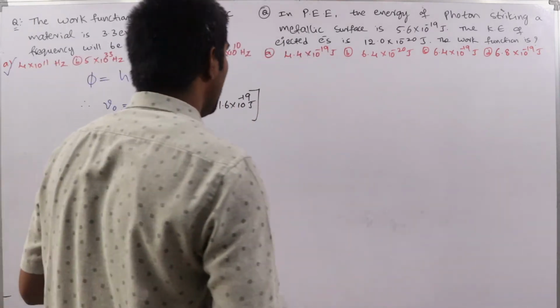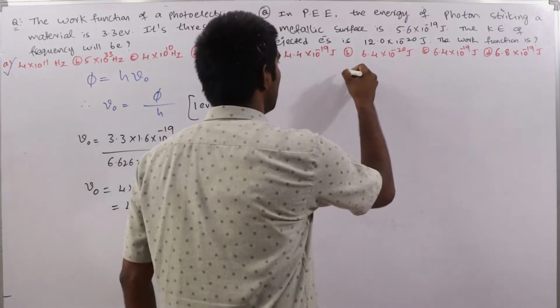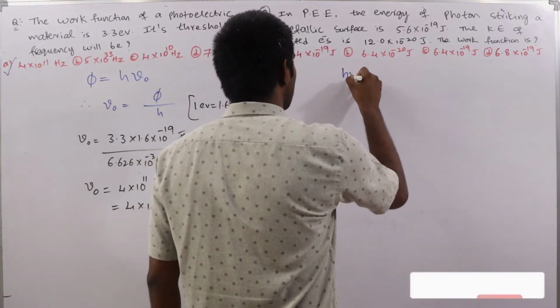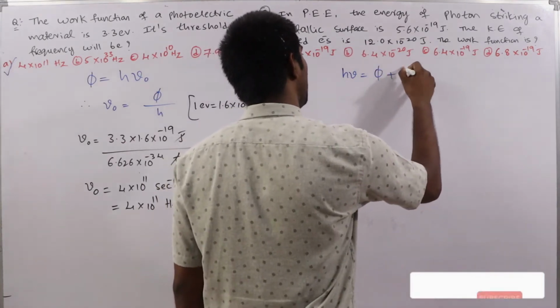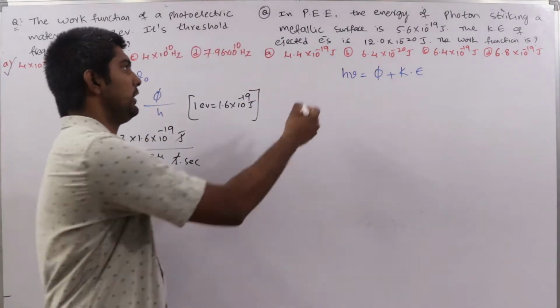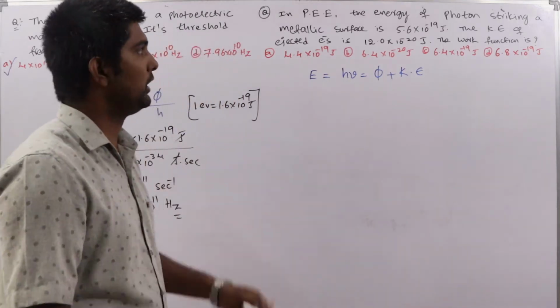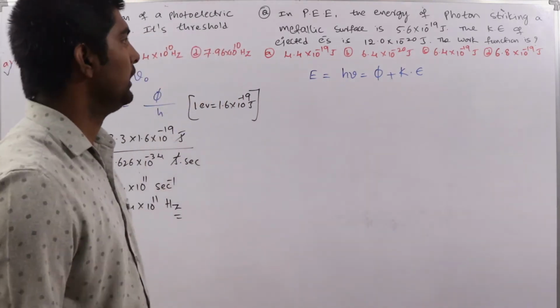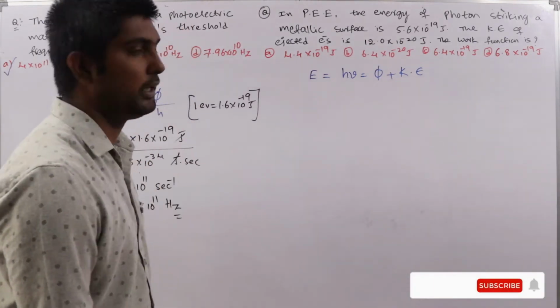So what is the formula here? h nu equal to work function plus kinetic energy. This we can write as E, that is the energy of the striking photon, that is equal to h nu, that is equal to work function plus kinetic energy.